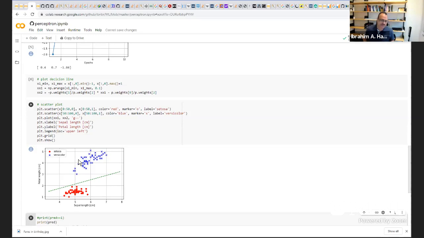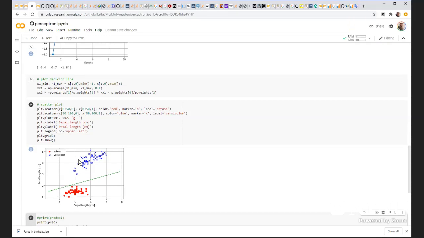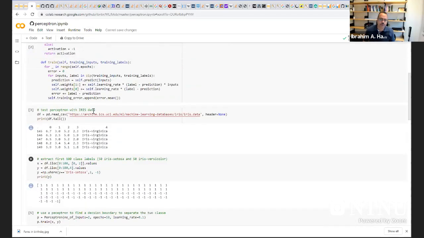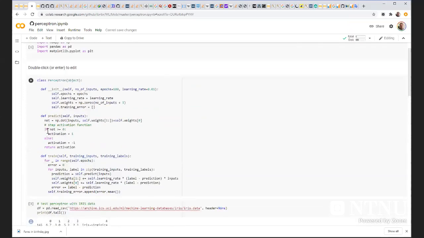So you mean misclassified, correct? No. If the petal length and sepal length coordinates lie on the decision line, it will be 0, for example, right? I understand you. So if we go back to this activation function, you see here.